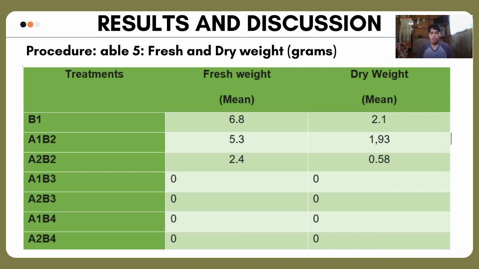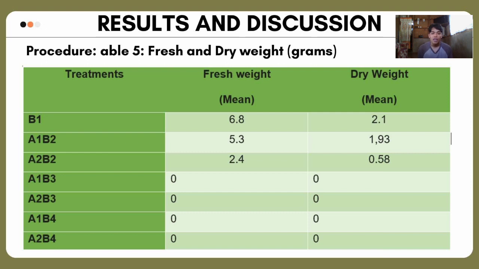Conversely, A1B3, A2B3, A1B4, and A2B4 resulted in complete cessation of plant development, as evidenced by zero fresh and dry weights. The treatment combinations involving both A1 and A2 with B2 displayed intermediate outcomes.